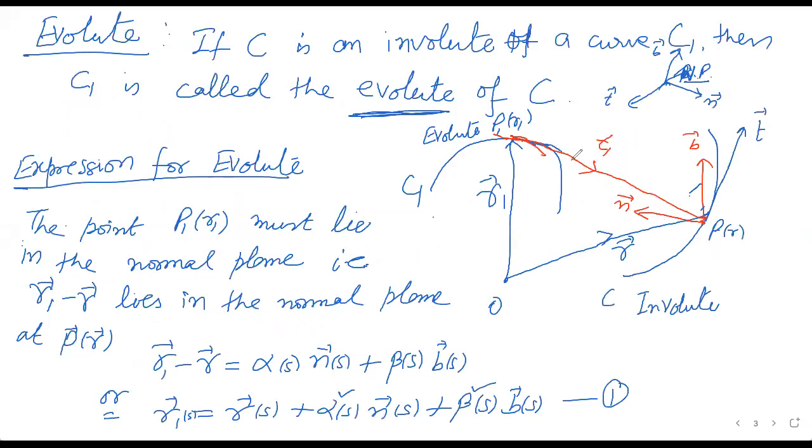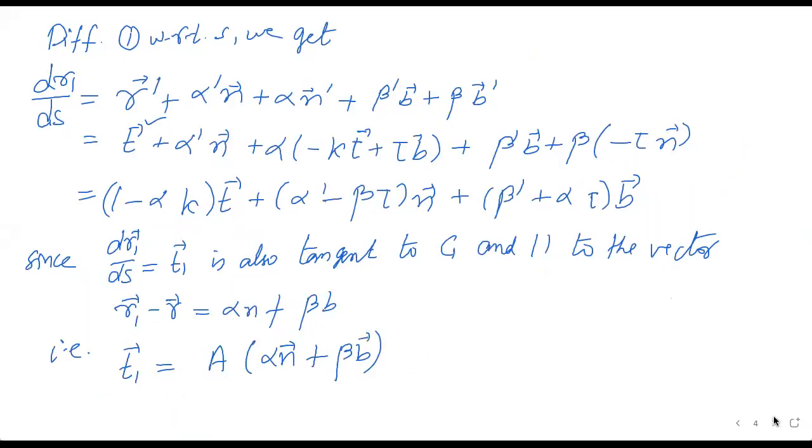Here we see that these are vectors which are lying in the normal plane. तो t1 भी normal plane में है आपका, क्योंकि t1 perpendicular है ठीक है, और r1 minus r भी normal plane में था. तो t1 will be a multiple of alpha n and beta b. So I can write a times of this, where a is some constant. Okay, so it means what?